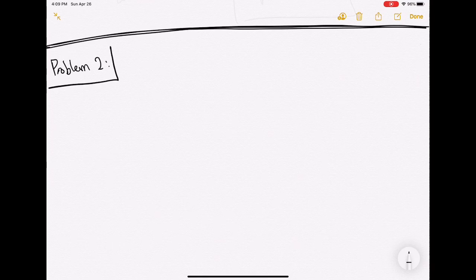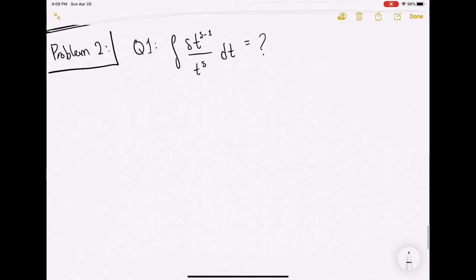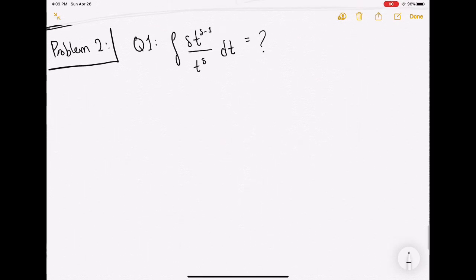Problem 2, of course, we're doing integration. Question 1 here. What is the integral of s t to the s minus 1 divided by t to the s dt? Well, we always have choices, right? Integration problems.